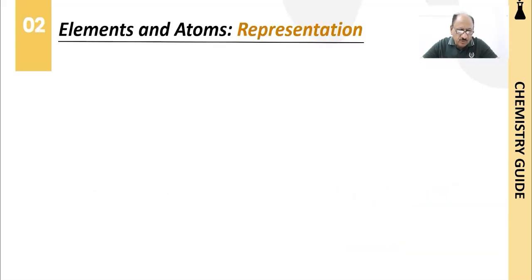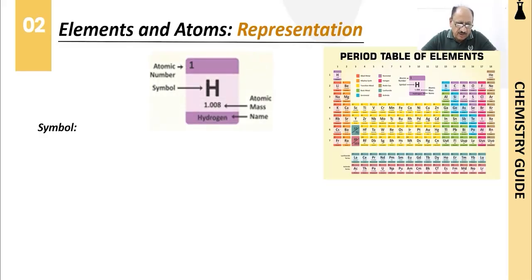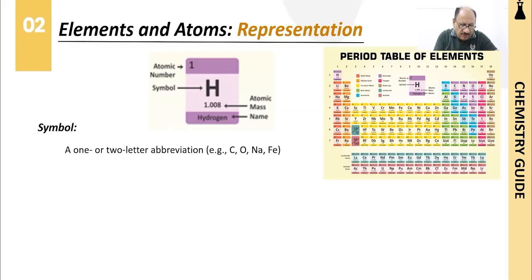Next we need to know how we are representing atoms. We are representing atoms in the form of a periodic chart. The periodic chart we will be discussing separately, but this is a modern periodic chart. We are showing the elements in the form of symbols. A symbol is a one or two letter abbreviation.